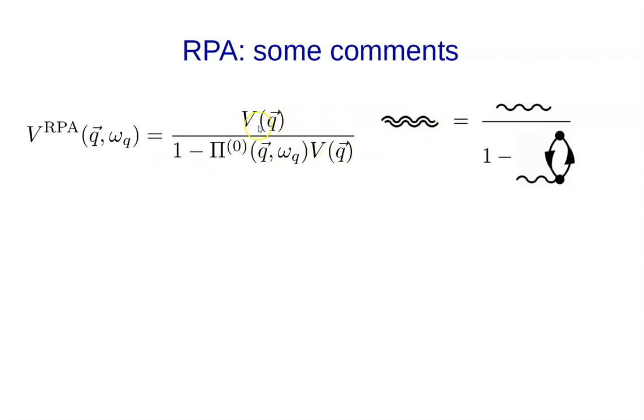Diagrammatically, this thick wiggly line equals the Coulomb line times 1 minus this bubble diagram, which in principle we can calculate. And I'm going to at least try to convince you that the end result of this term would make the Coulomb interaction more short range rather than long range.